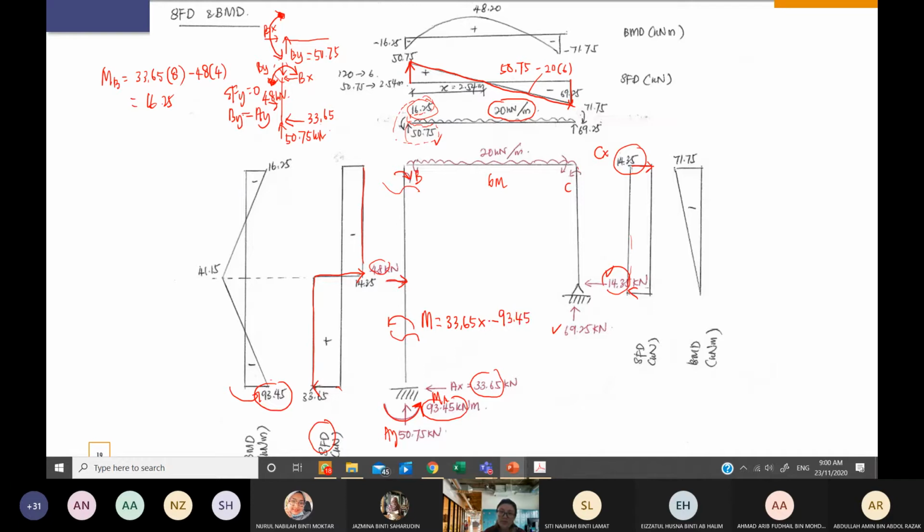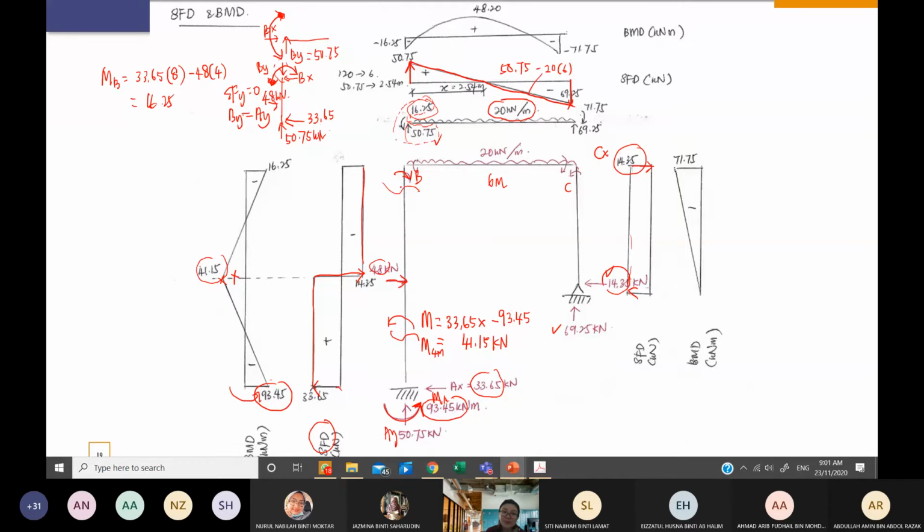Once I get these results, let me check, 4 minus 2.5. So when it is at 4 meter, I get 41.15. Because I assume it as a positive sign, whatever I put in, I get a positive value, meaning that I will plot it at a positive sign. This is how I determine the side of this value.